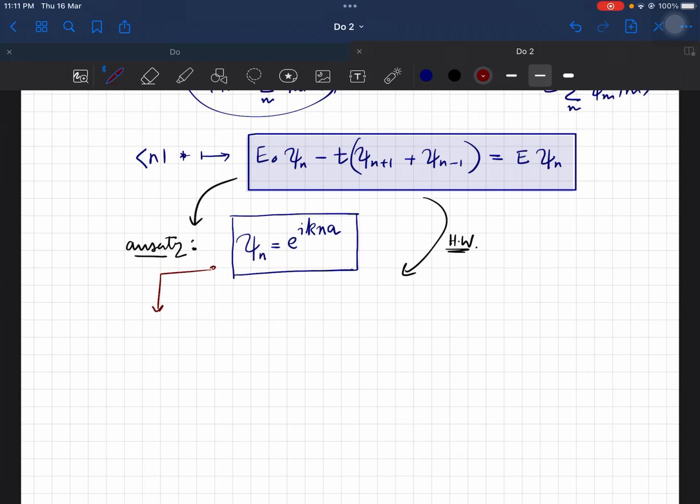The quantity ħk plays a role similar to momentum in a discrete model. I'm taking the answers for granted. So now we'll talk about a few things.